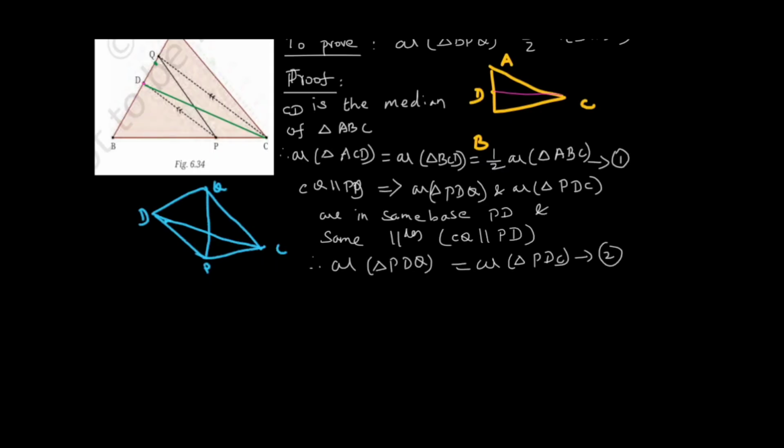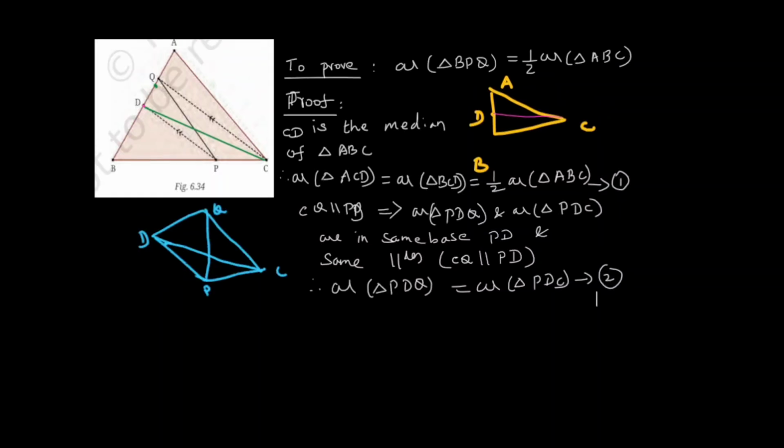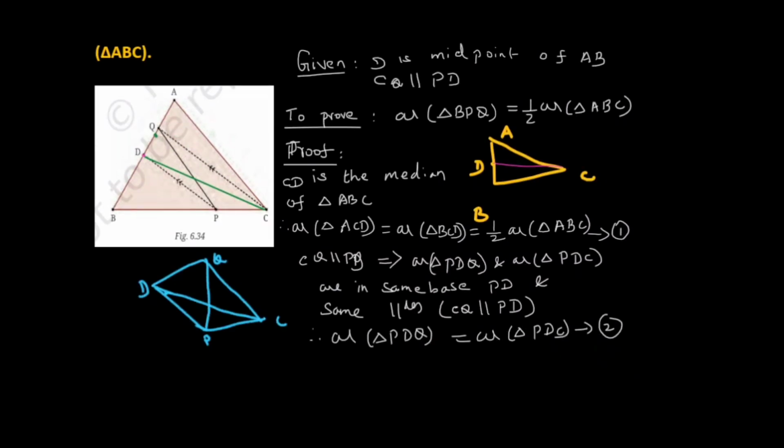Now we can take the required triangle, what we are required to prove, area of PBQ. So take the area of triangle BPQ. Now look at the diagram. Area of triangle BPQ, which is this one, this triangle with the dotted line.